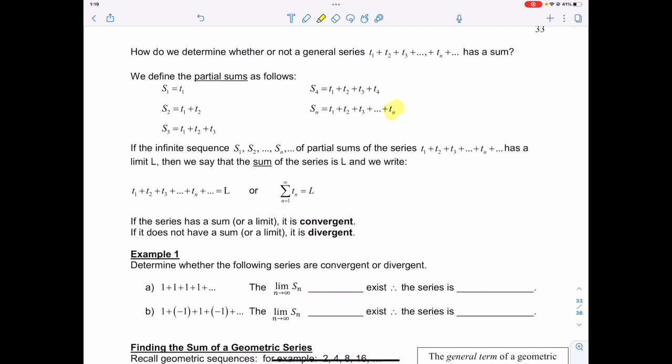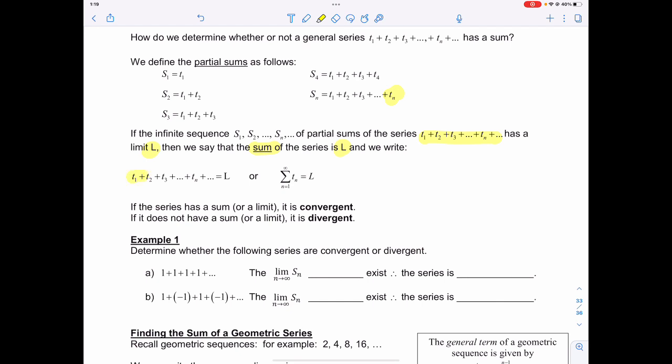If the infinite sequence S1, S2, all the way to S infinity of the partial sums has a limit, then the sum of the series is L. We can say that if we add up all the terms, it's going to be L, or if I take the sum starting at n equals 1 all the way up to infinity of t of n, it's just going to be my L value. And this would be the same as the sum to infinity.